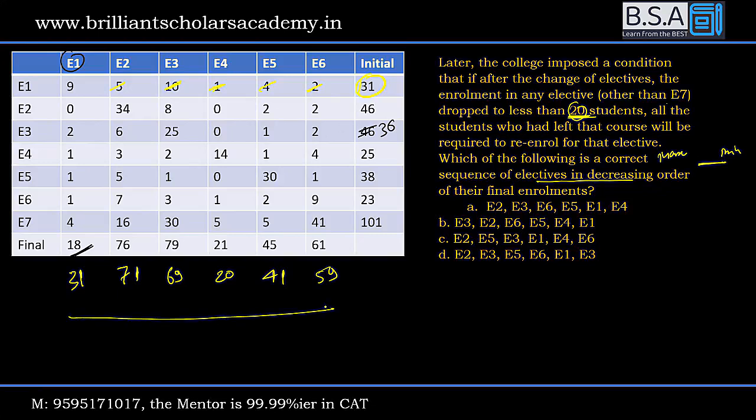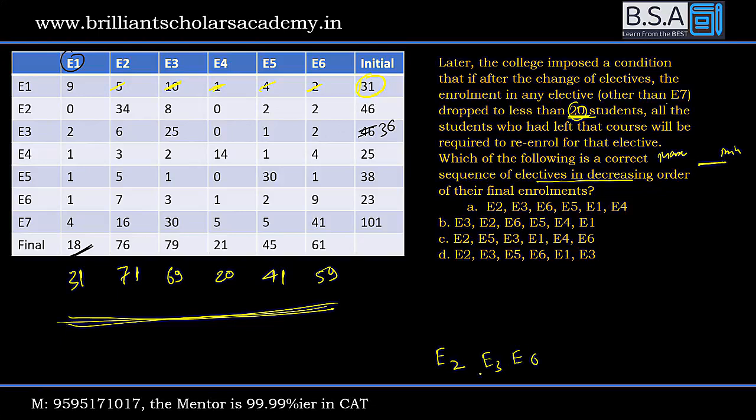This is your total strength of electives E1, E2, E3, E4, E5 and E6. E7 is 0 now. There is nobody in E7. The teacher has left. Now the question is, what is the decreasing order? Do you see the highest one is E2. Then E3. Then E6.